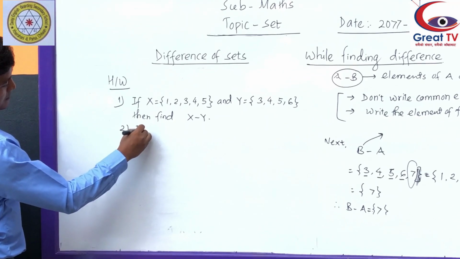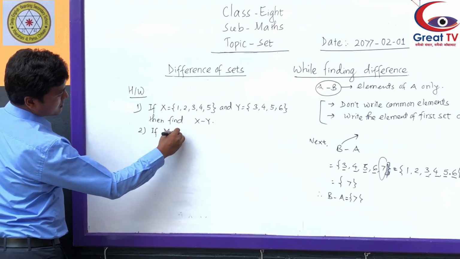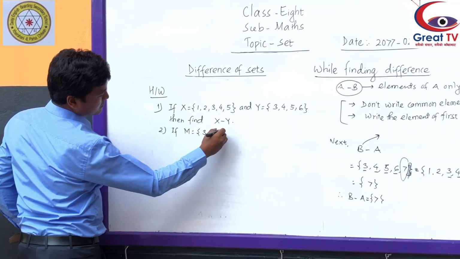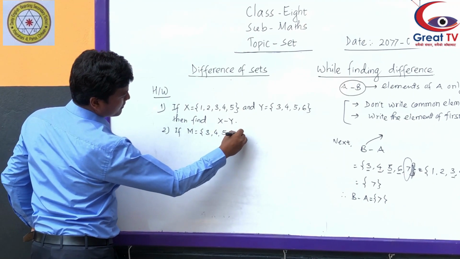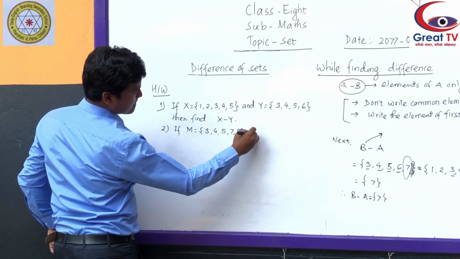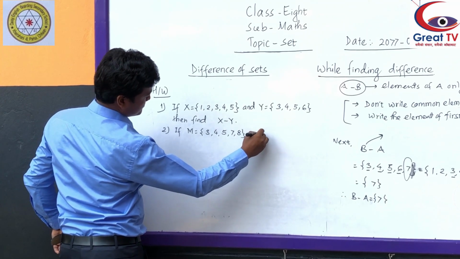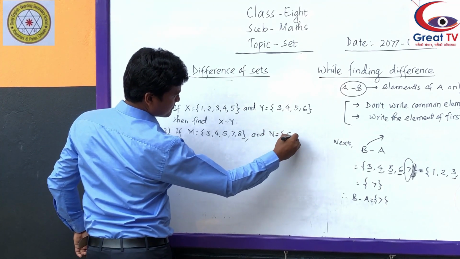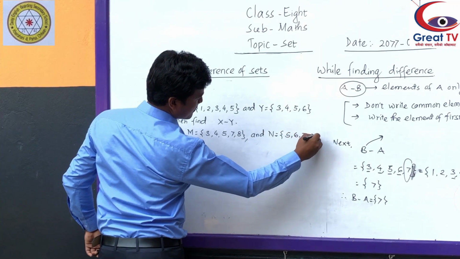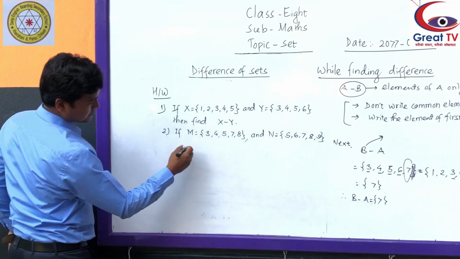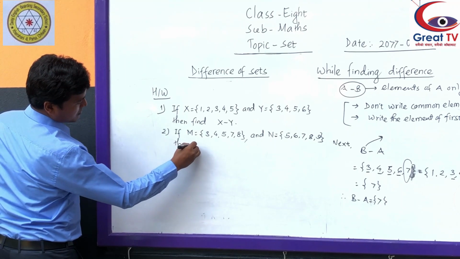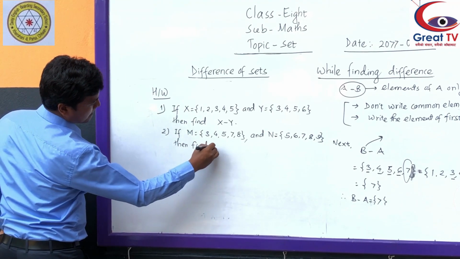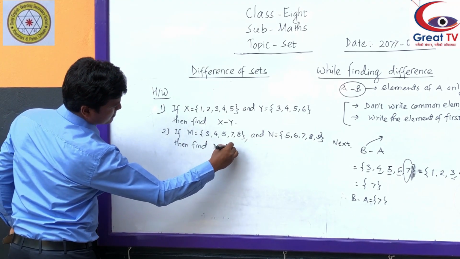Next, if m equals 3, 4, 5, 7, 8 and n equals 5, 6, 7, 8, 9, then find m difference n.